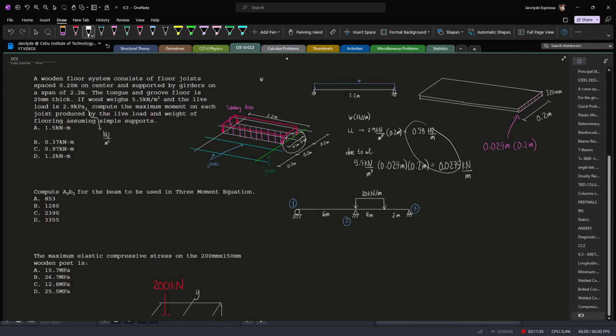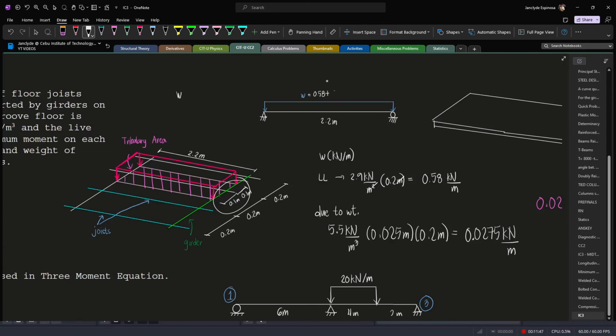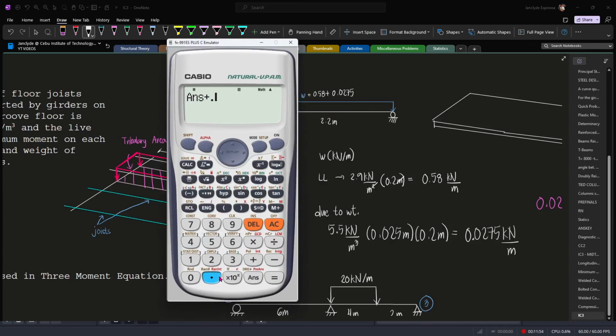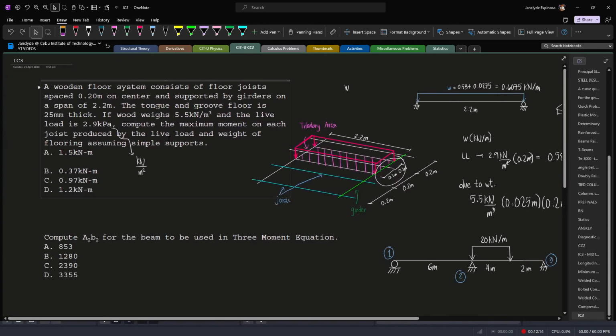And so adding both, we have, let's move this. This is now 0.58 plus 0.0275 kilonewton per meter. So plus 0.58, this is 0.6075. And then we have kilonewton per meter. And so since we already have the load, then diba, we are required to find the maximum moment.